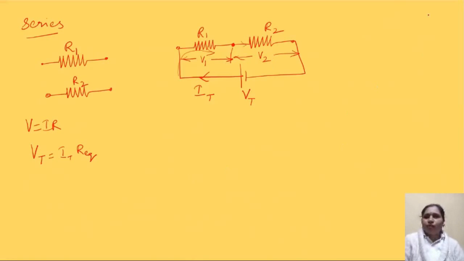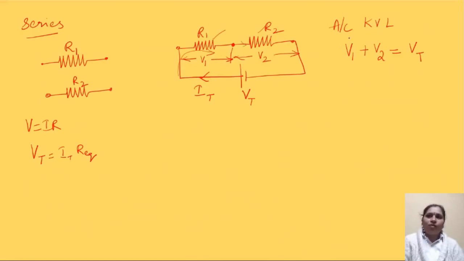So we know that in the circuit, according to KVL, the algebraic sum of the voltage drop across each element should give rise to your source voltage. So the algebraic sum of voltage drops across each element, that is V1 plus V2, should be equal to your total voltage.